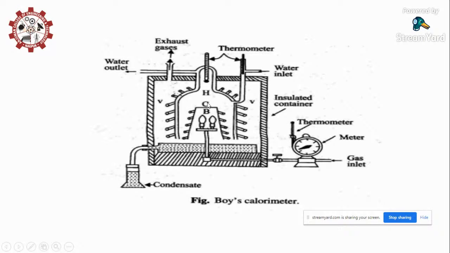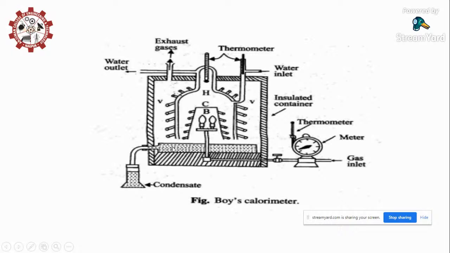But the water vapors which have been formed here are condensed. How have they been condensed? Because the water has been circulating inside the Boy's calorimeter. Because of the continuous circulation of water, the water vapors get condensed, and that condensed water vapor is collected here in this tray.